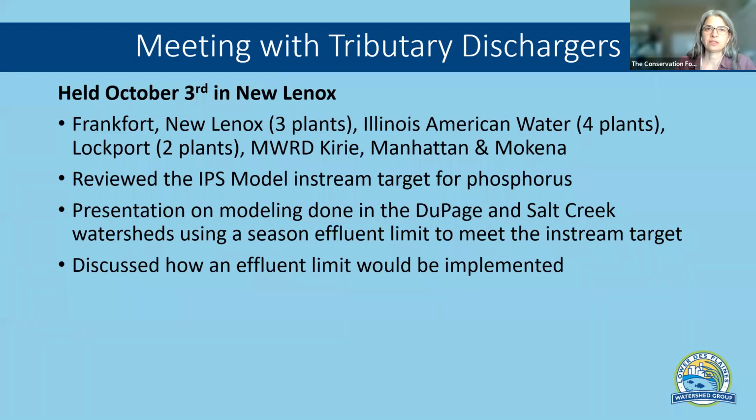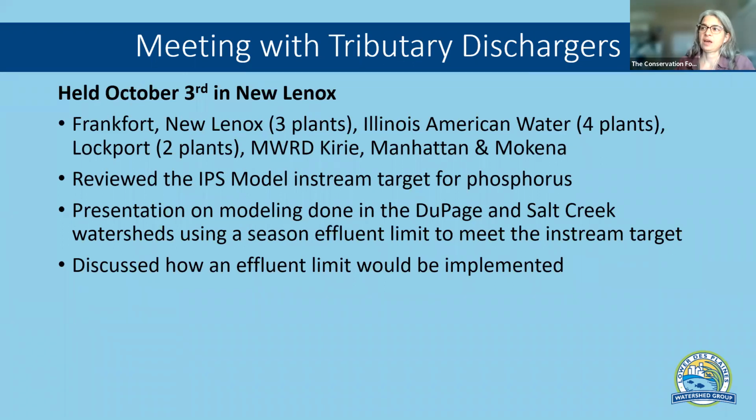And we've talked about the IPS model and the target that there's an in-stream benchmark that was developed through the IPS model with a range of like 0.115 to 0.2799 or something in that range. So that 0.28 is an in-stream target. So we want to be below 0.28 in stream for phosphorus to not be our limiting factor for aquatic life.